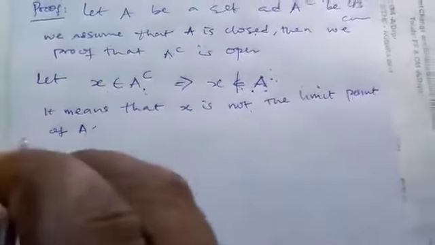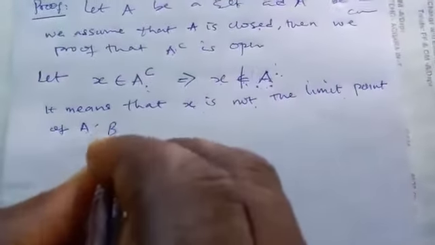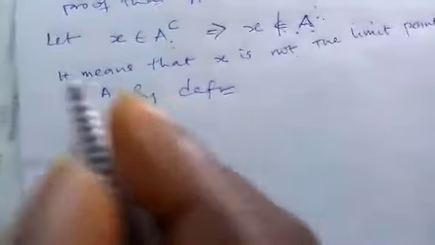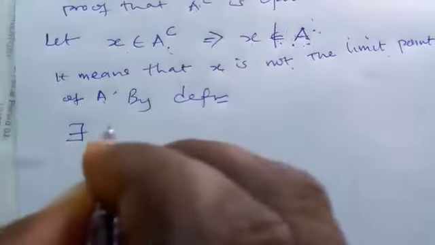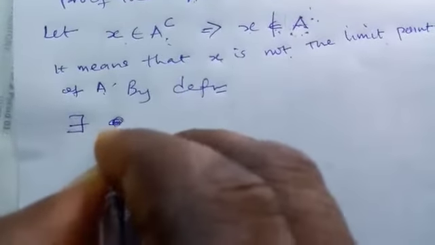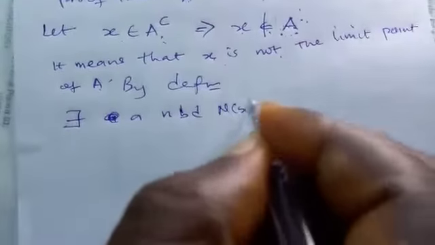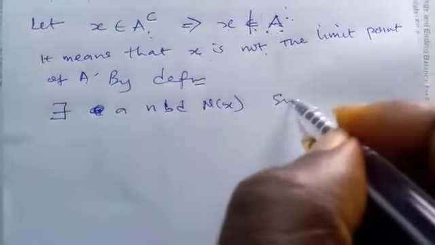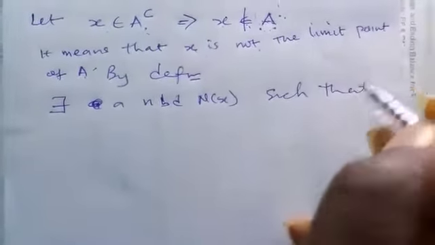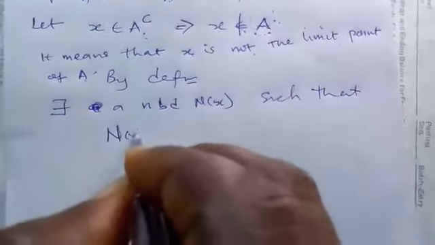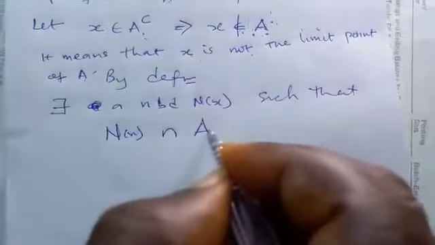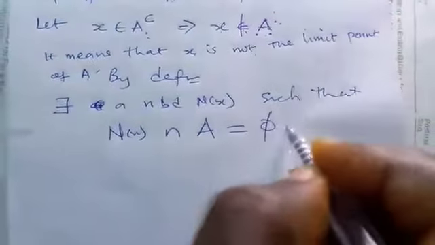So here we have seen that S is not a limit point of A. By definition, there exists a neighborhood N of S such that N intersection A is empty.